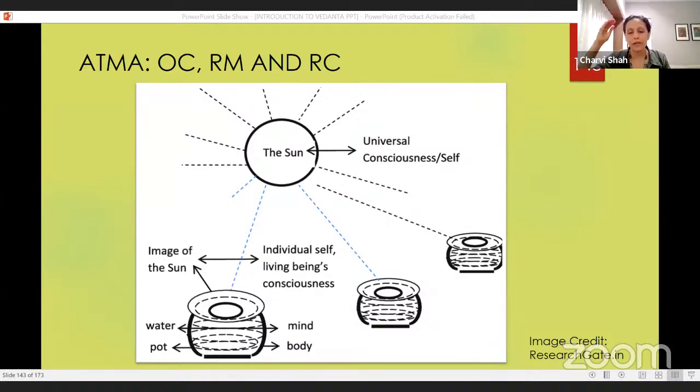So what happens? The reflecting medium is disturbed. The reflecting medium is full of impurities. Meaning, the mirror is covered with dust, so how will the reflection be seen? So the conducive conditions are over. The Ananda is still there only.